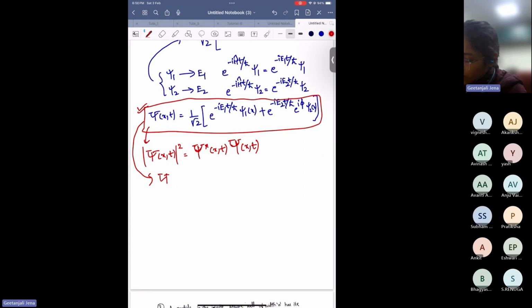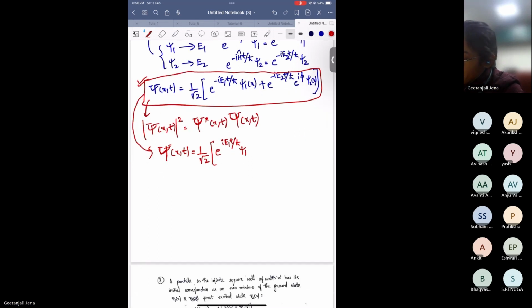This complex conjugation will give nothing but 1 by root 2, a constant. So it will make e to the minus i E1 t by h bar, minus, it will make this minus i to plus i. This is psi star, and this is e to the i E2 t by h bar, e to the minus i phi 2 x.